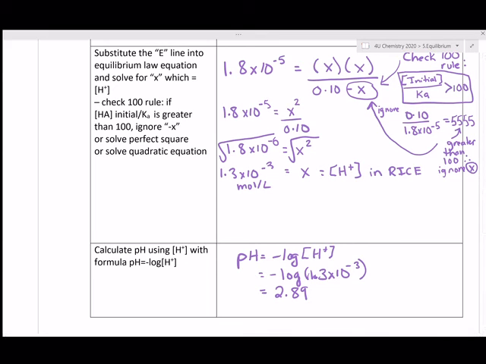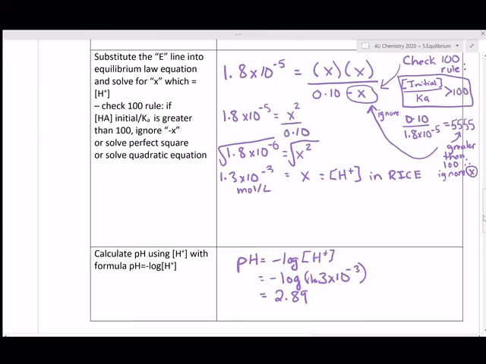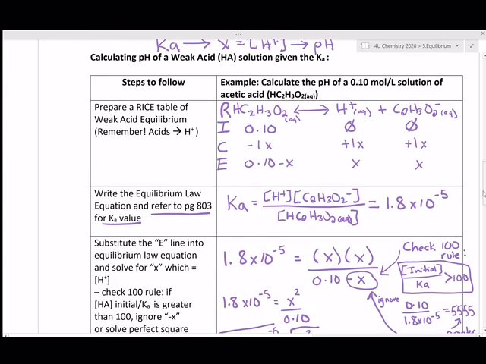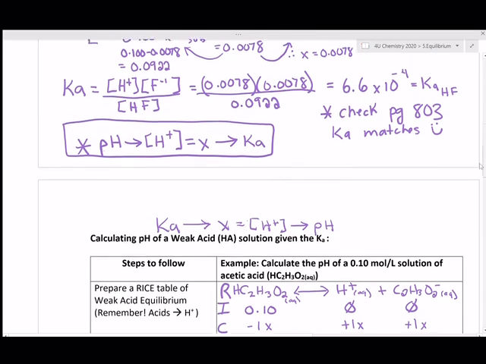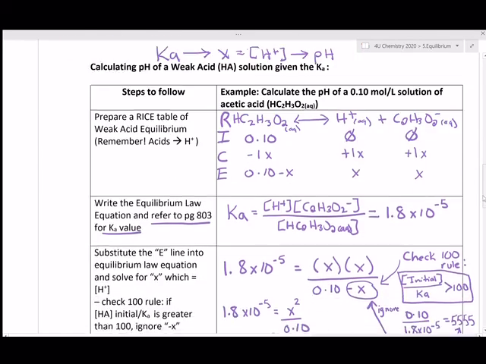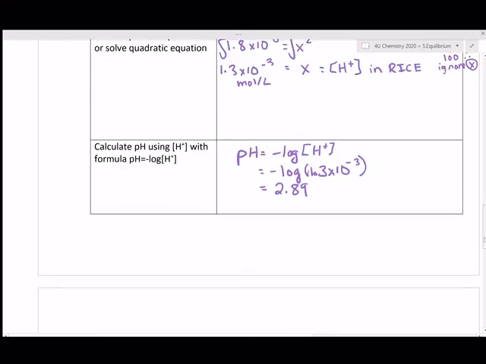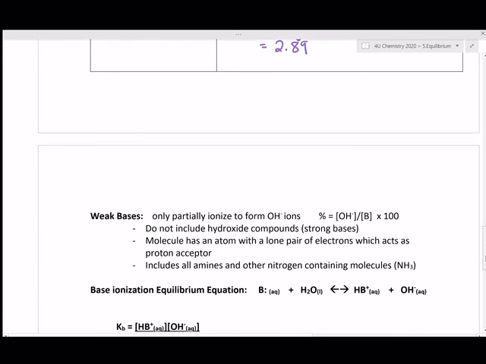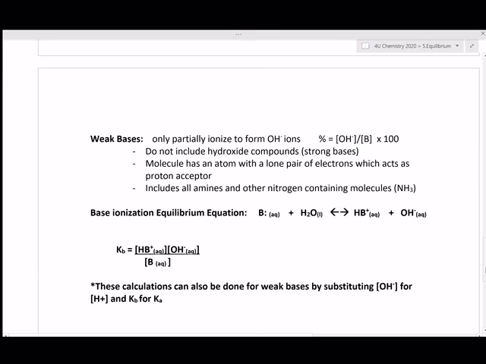So that is the 2 types of calculations you can do, which are just reciprocal of each other, where you can work from pH to Ka, or you can work from Ka to pH. Now, I want to mention that everything we just did could be repeated for weak bases, but we are not going to worry about that this year.